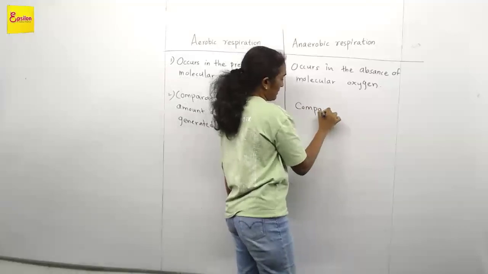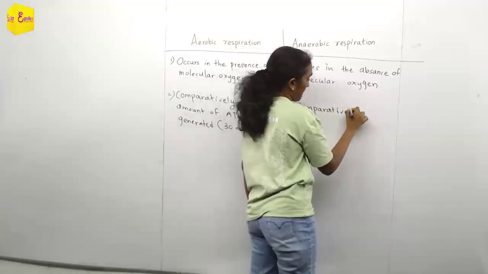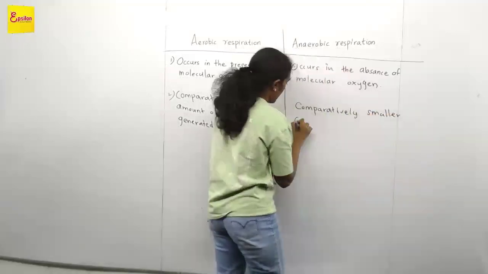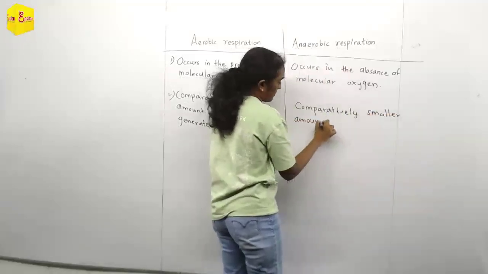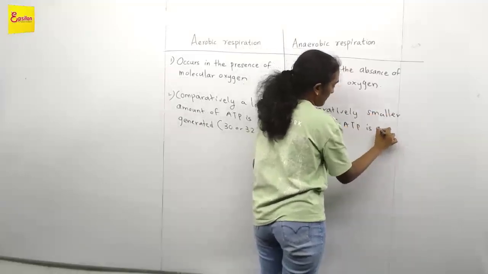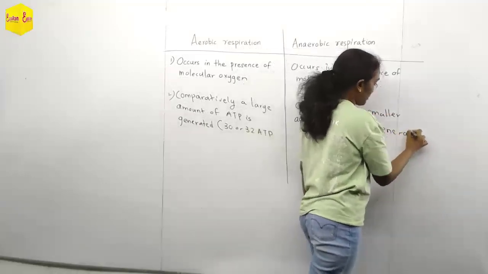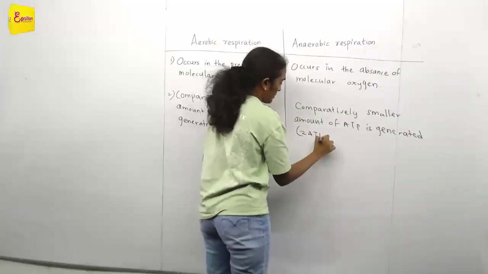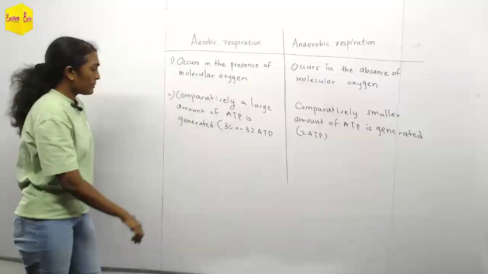This side, comparatively smaller amount of ATP is generated. How many? 2. Right. What's the third best one?